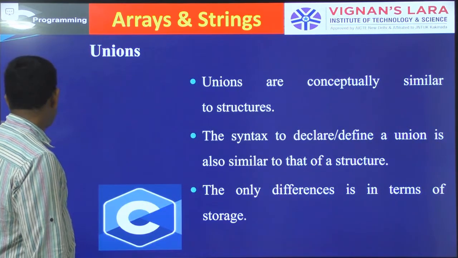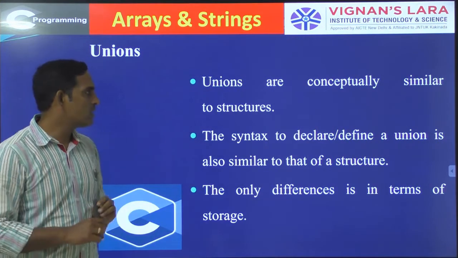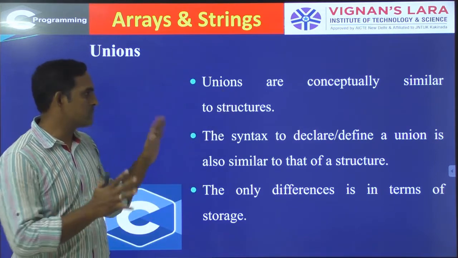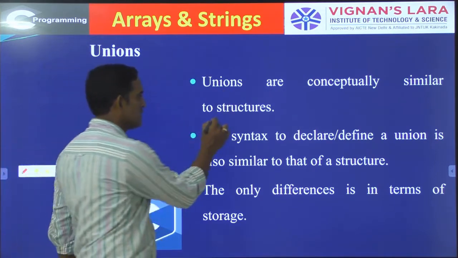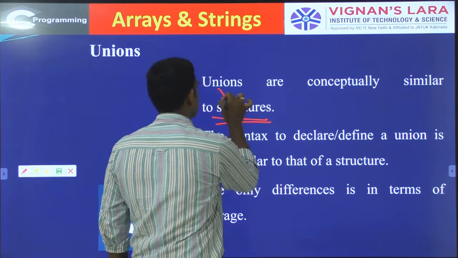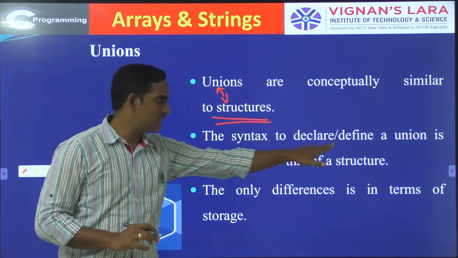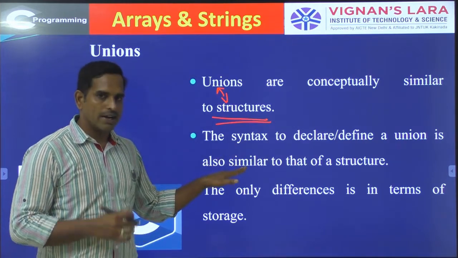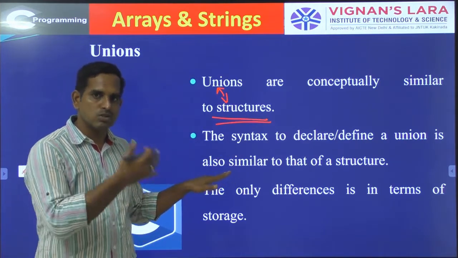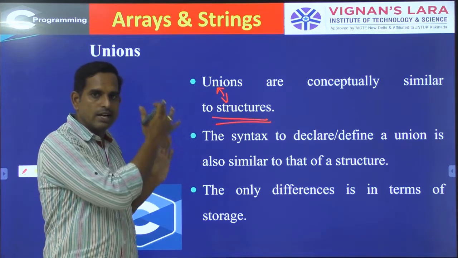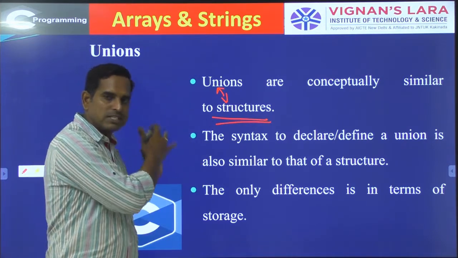The next topic is regarding unions. Unions are conceptually and structurally similar to structures. Unions and structures are almost similar. The syntax to declare and define a union, and also the accessing part, most of the explanation that is regarding structures will be the same for unions.